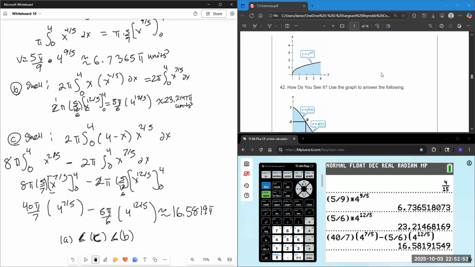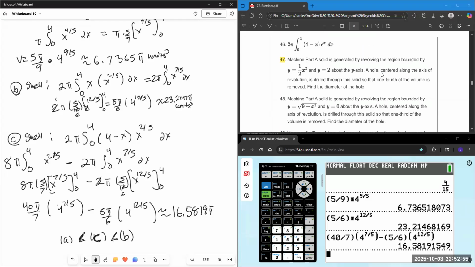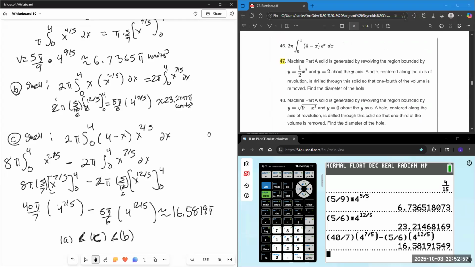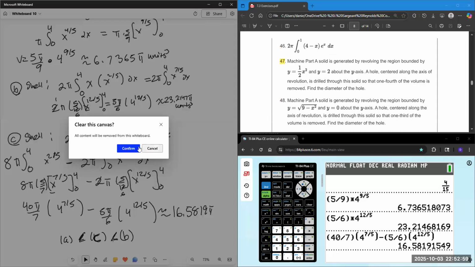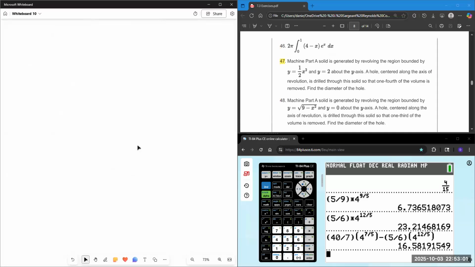Let's continue with number 47. So we have the function y is equal to 1/2 x squared, y equals 2.